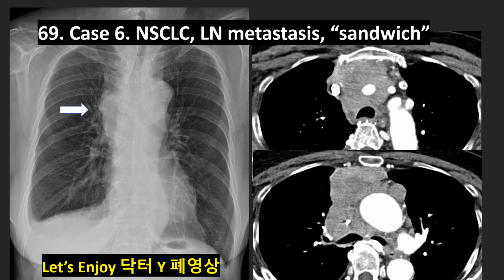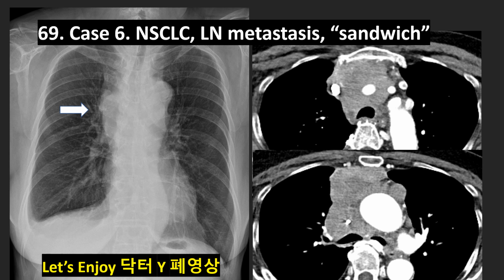This case number 6 is somewhat different, but looks almost the same as other malignant lymphomas. Frontal radiograph shows right paramediastinal and hilar mass with right pleural effusion. On contrast-enhanced CT, we see conglomerated lymph node mass also showing us the sandwich sign.